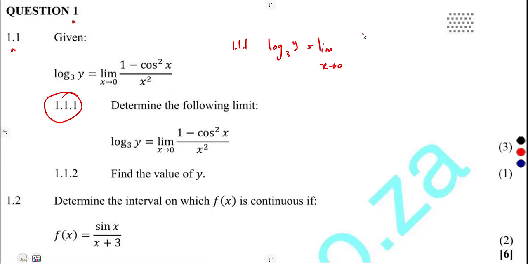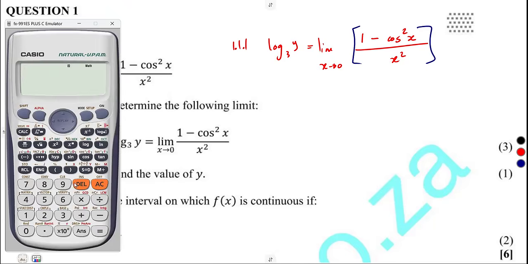This is going to be 1 minus cos squared of x over x squared. If we substitute the limit, x approaches 0, into the numerator, it is going to be 1 minus the cos of 0 in a bracket, then you square that bracket because we've got cos squared.